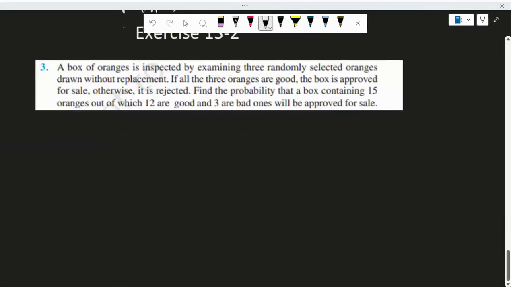A box of oranges is inspected by examining 3 randomly selected oranges drawn without replacement. If all the 3 oranges are good, the box is approved for sale. Otherwise, it is rejected.